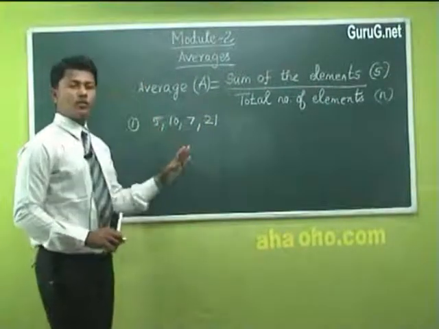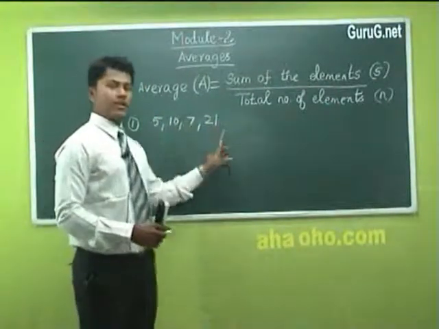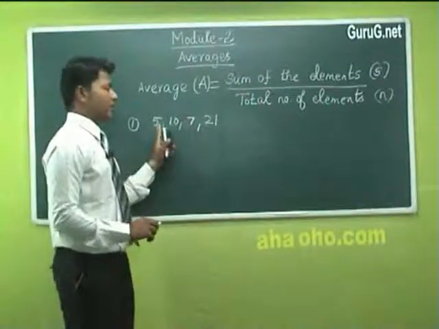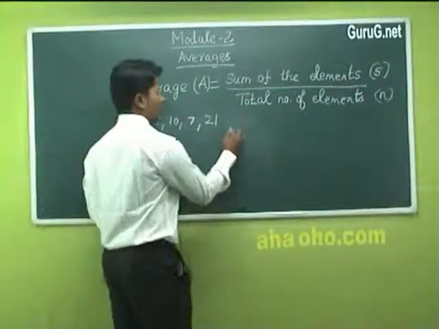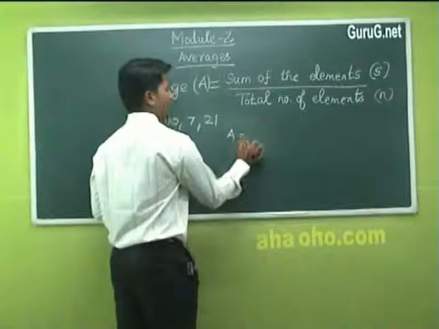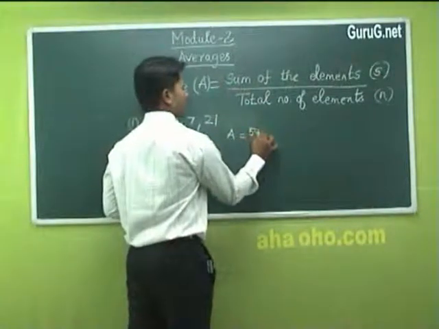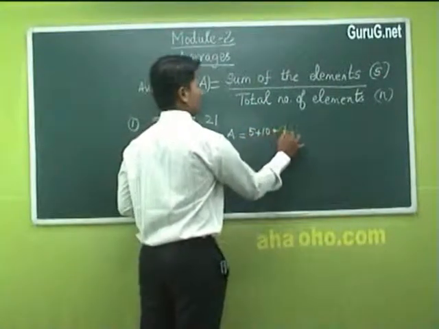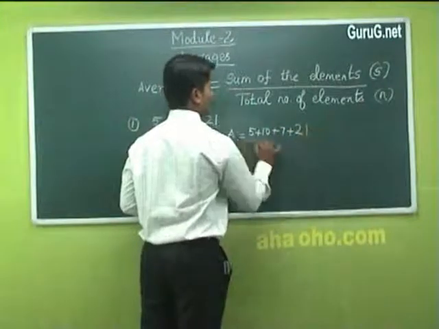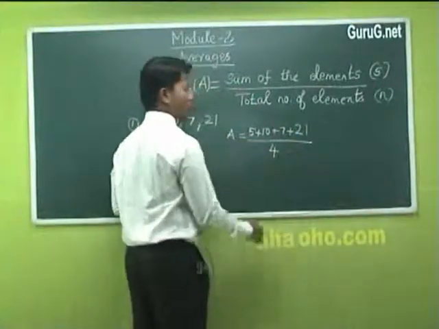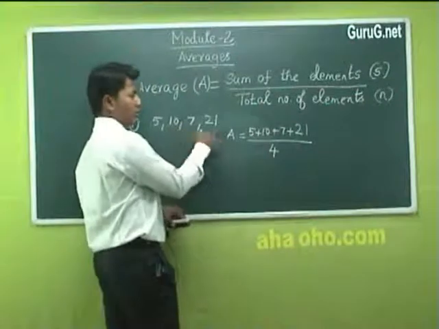You are given 4 values, say 5, 10, 7, 21, and you are asked to find the average. What is the procedure for finding the average? Average is equal to 5 plus 10 plus 7 plus 21 by 4, the total number of elements being 1, 2, 3 and 4.